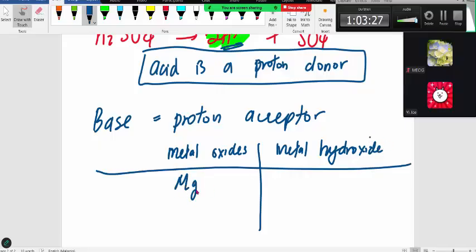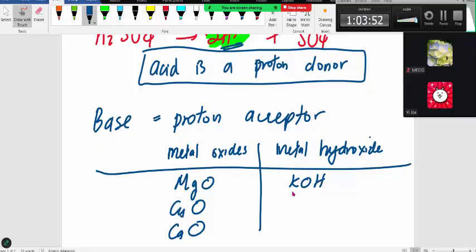Is magnesium a metal? Magnesium oxide is a base. Is copper a metal? Copper oxide is a base. Is calcium a metal? Yes. Calcium oxide is a base. Is potassium a metal? Yes.